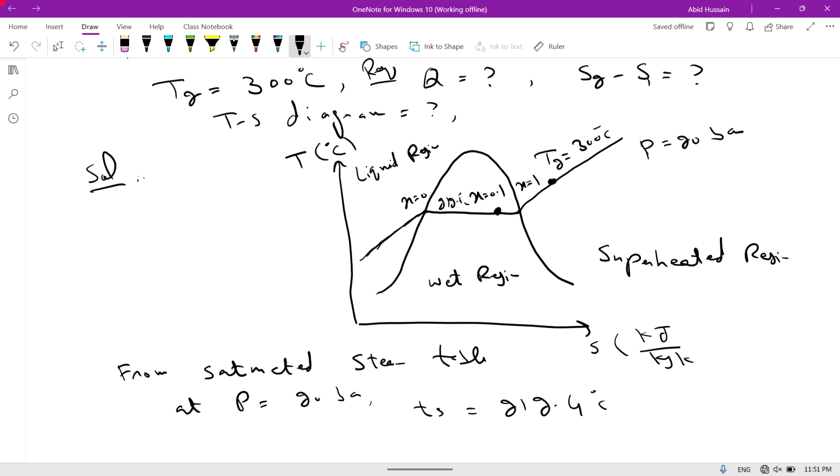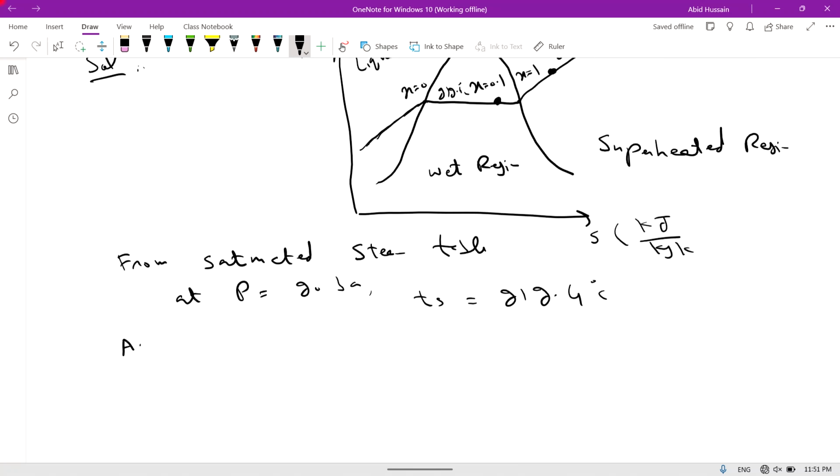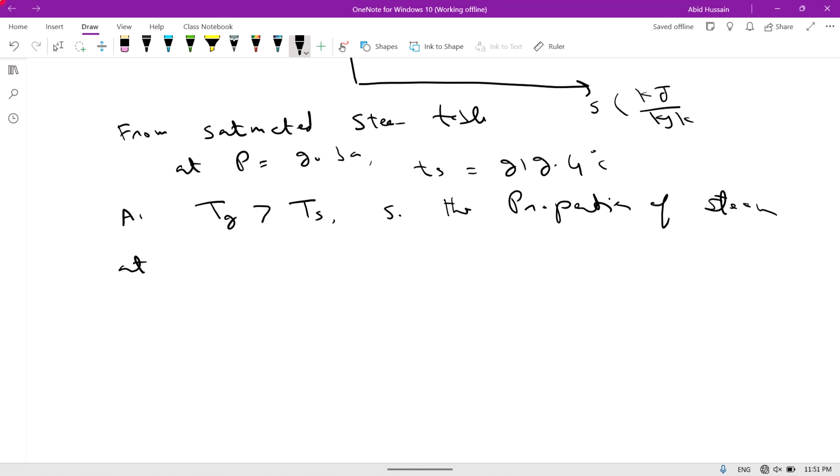Superheated region: the temperature given to us, T2, is greater than the saturation temperature. So the properties of the steam at 300 degrees centigrade are in the superheated region.